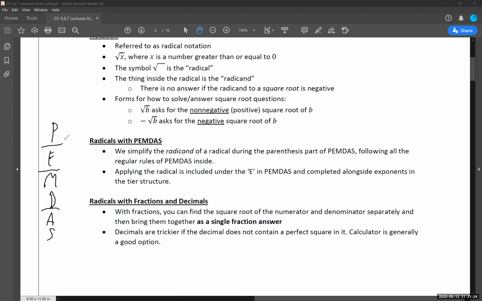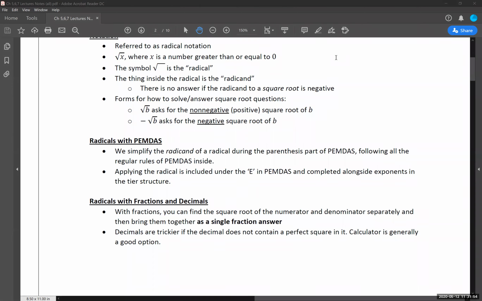So we start inside the radicand, if we can finish or simplify anything inside there. Then we work with the exponent part, which is where we actually apply the square root to whatever answer we get from inside our parentheses, or inside the radicand, I should say. And then we move on to anything else from there. And again, we'll go through a couple examples of each of these to show this to you guys.